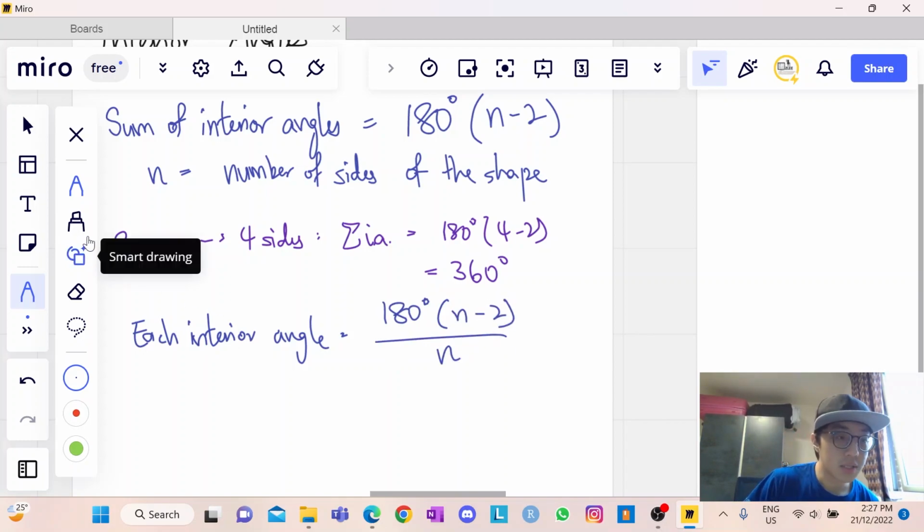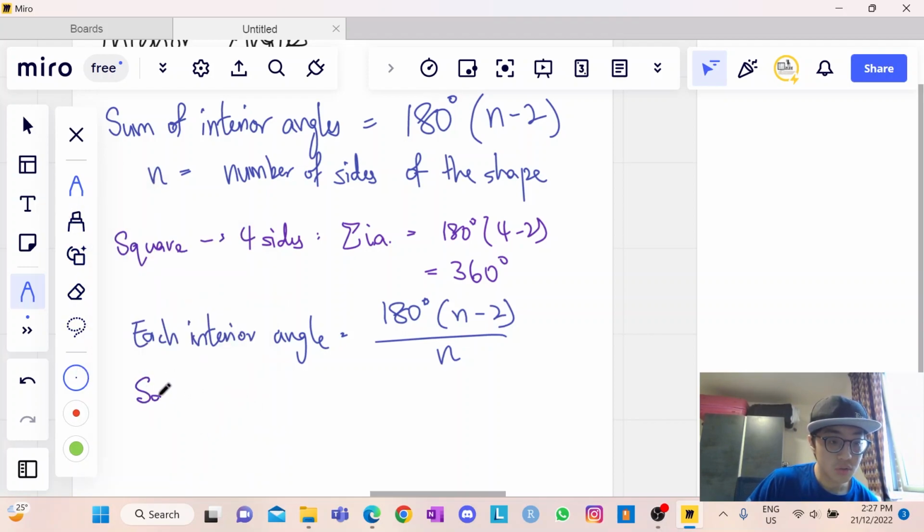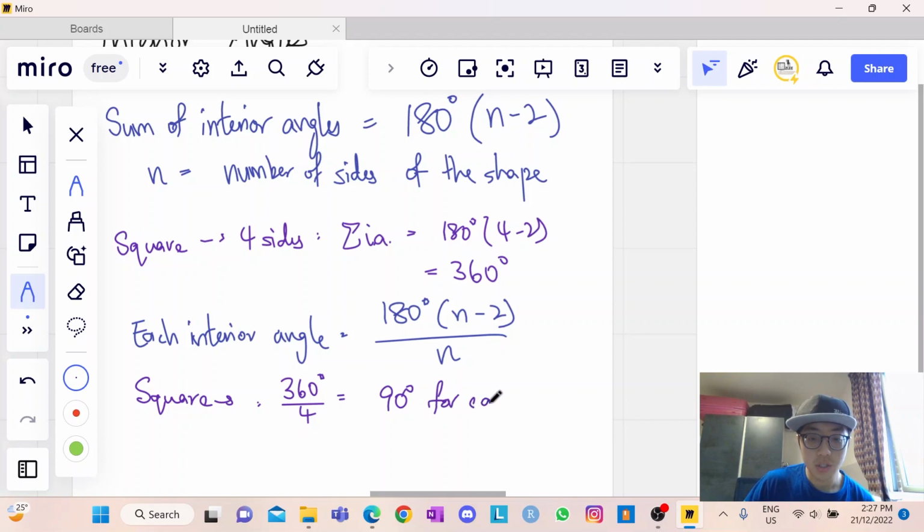In this case, if we are talking about a square, you have 360 degrees divided by 4, which gives you 90 degrees for each angle. So you have 90 degrees at each of the 4 angles. This is how you look for the sum of interior angles and the individual interior angle itself.